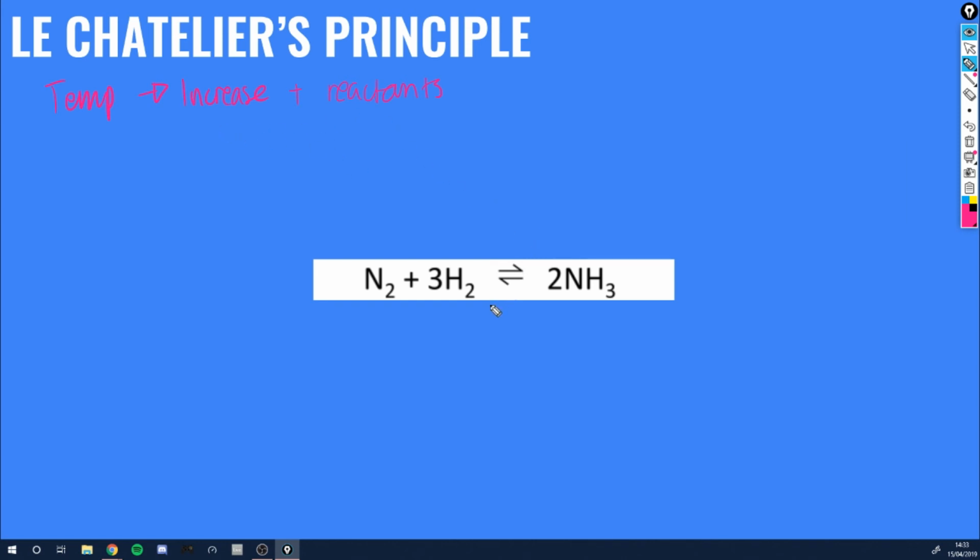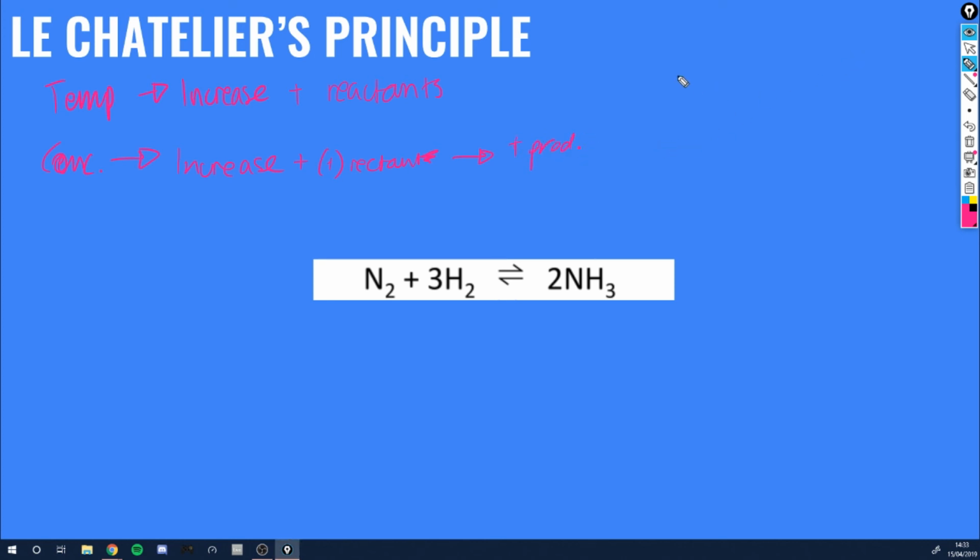And then with concentration, if you increase it in one of the reactants, you will get more products.